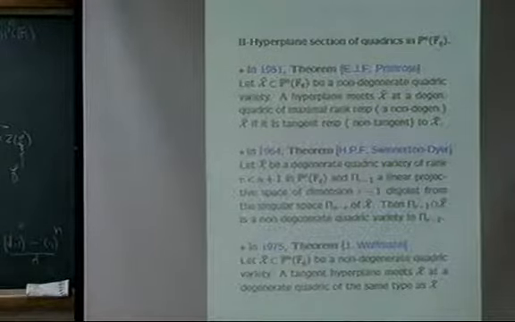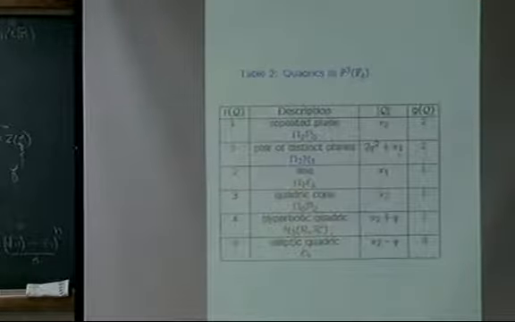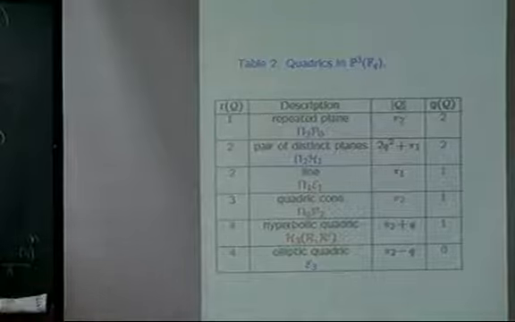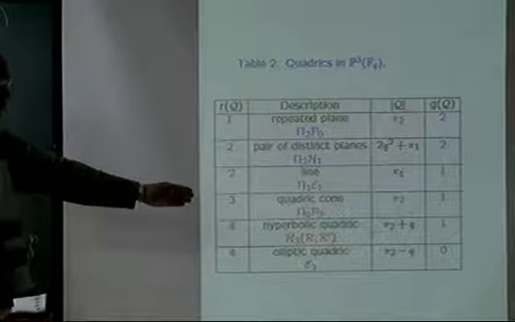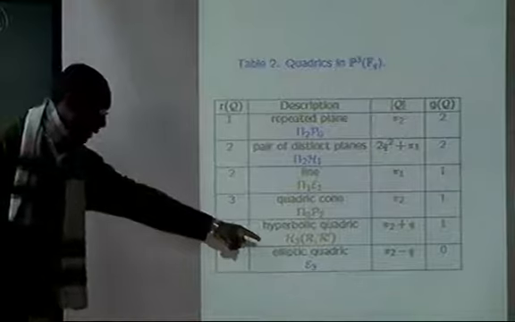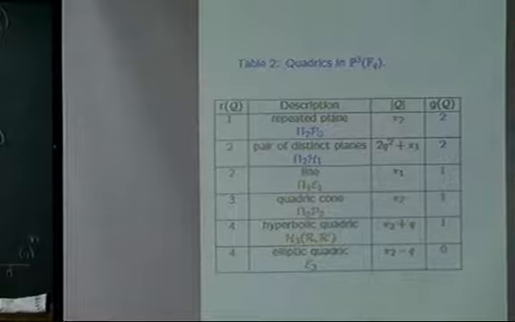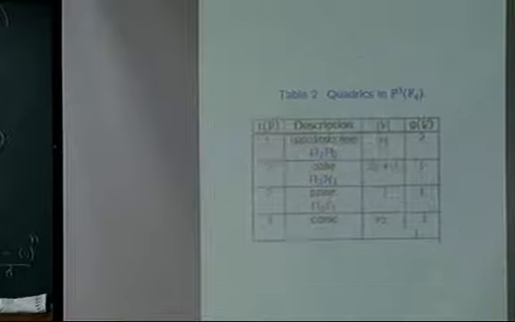I want to give you an example of why this is not complete. Take for example P3. In P3, we have two types of non-degenerate quadrics: elliptic quadrics, which have only points, and hyperbolic quadrics, which have lines. And if you study the sections of this quadric with a tangent hyperplane, from the result of Primos we obtain some things in P3.